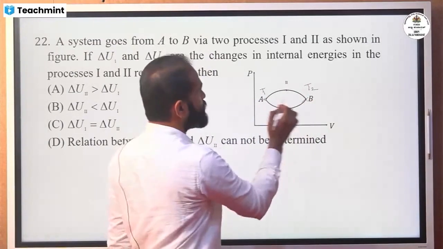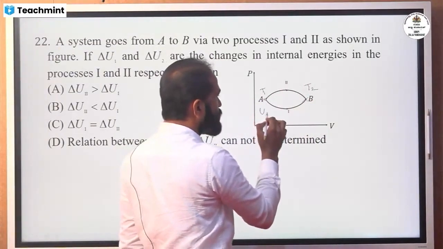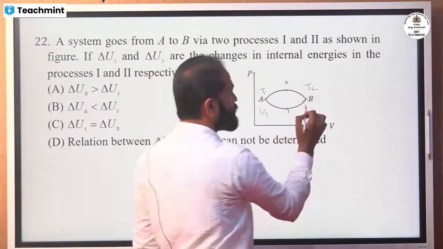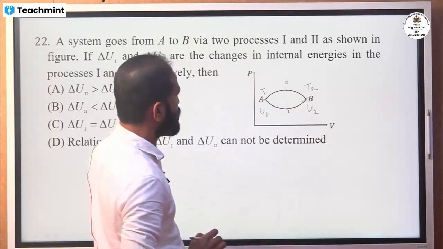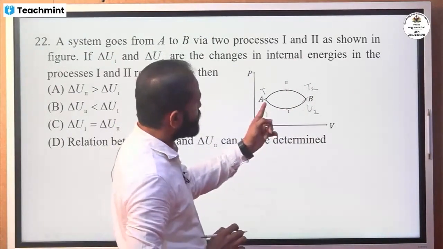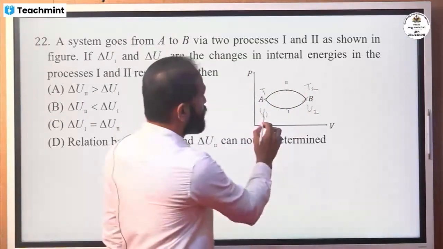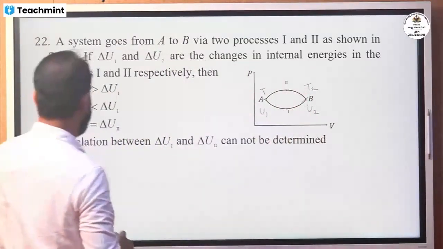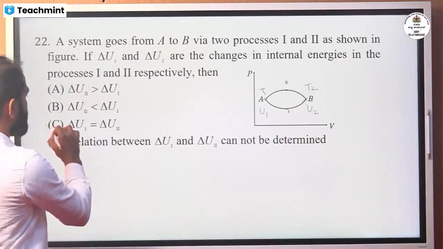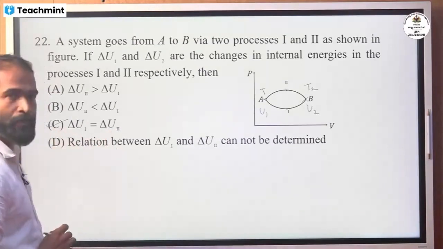So internal energy at A is the same for 1 and 2, and similarly internal energy at B is the same. Since both have gone through different paths but the endpoints are the same, the change in internal energy in process 1 and process 2 are the same. That is option C.